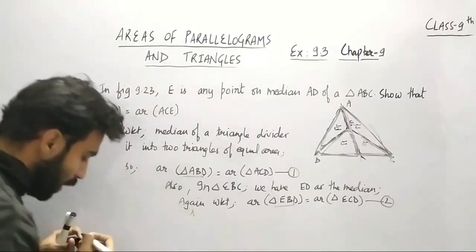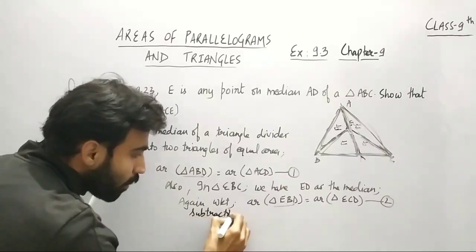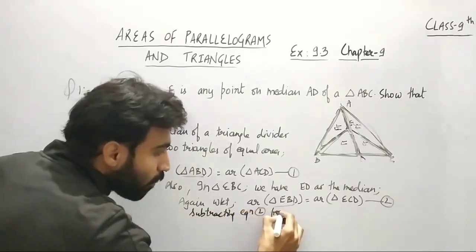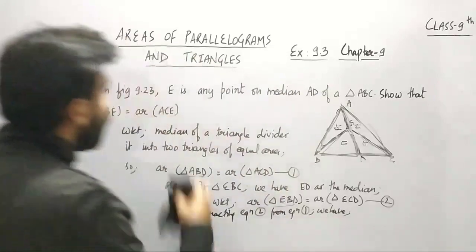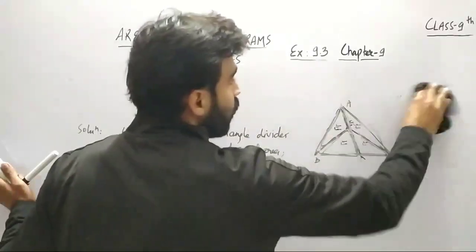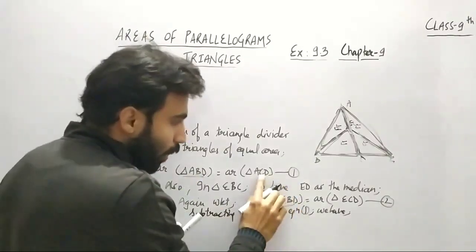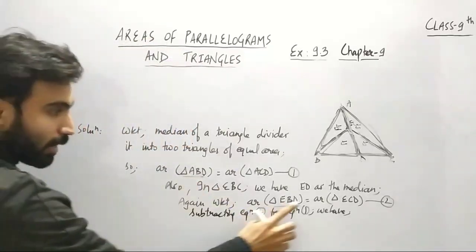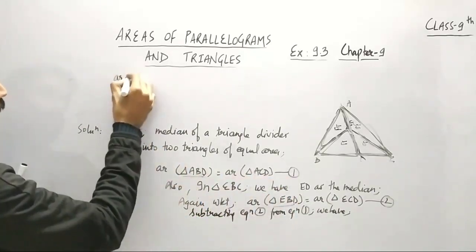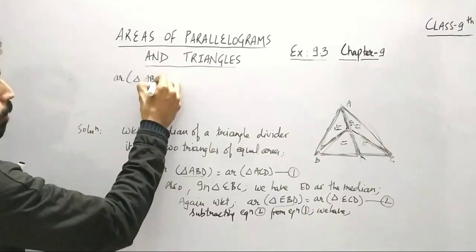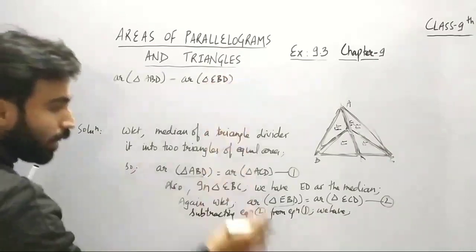So let me just change the marker here. Subtracting equation number second from equation number first. That means on the left hand side I will subtract the left hand side, and from the right hand side I will subtract the right hand side. You can see we have to subtract the second equation from the first. So let me first write the first equation's left hand side, that is area of triangle ABD minus area of triangle EBD.